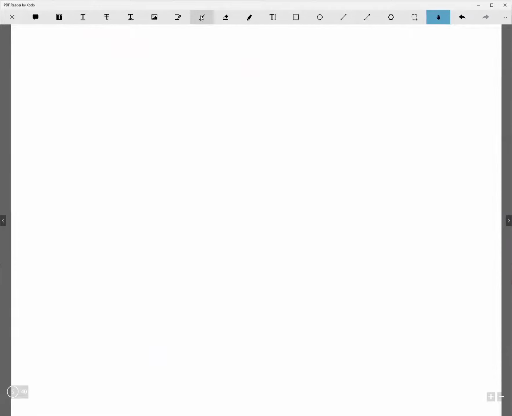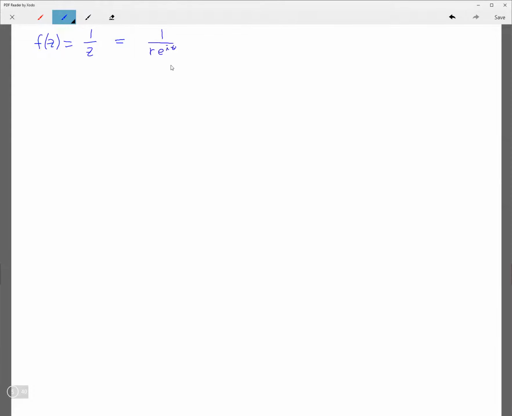Now the other one that's really cool is the inversion, the 1 over z, and figuring out what that does. You could also rewrite this. So if z is r e to the i theta, I'm kind of going a little bit back.